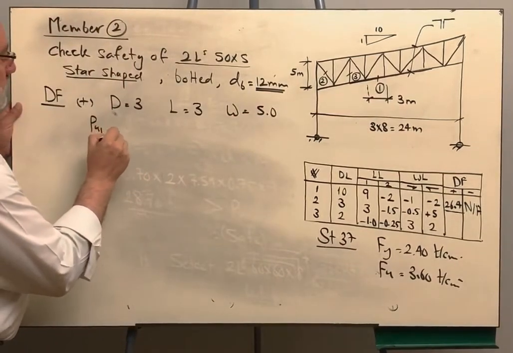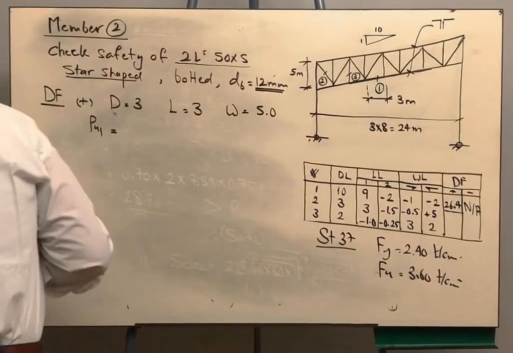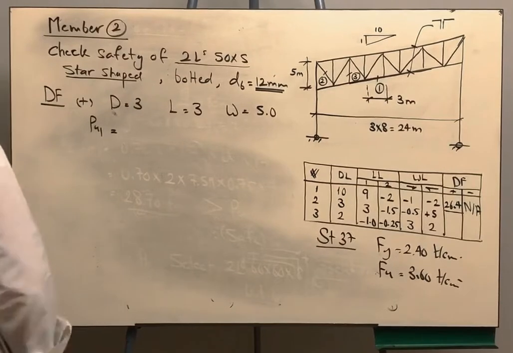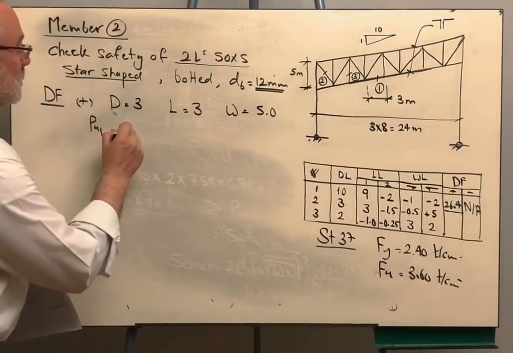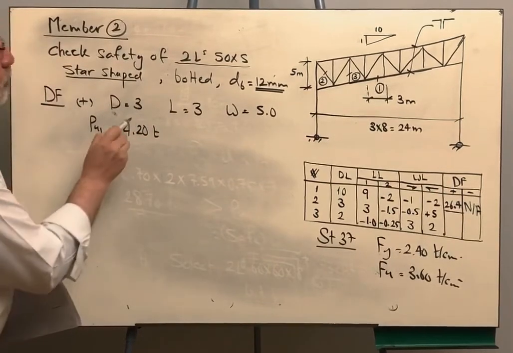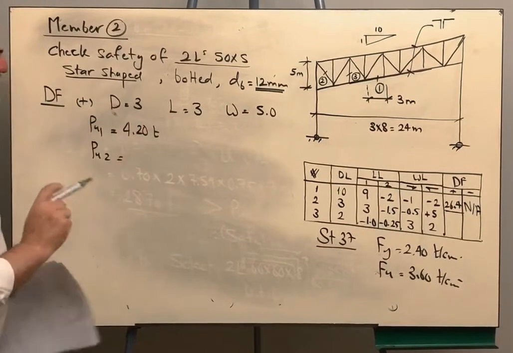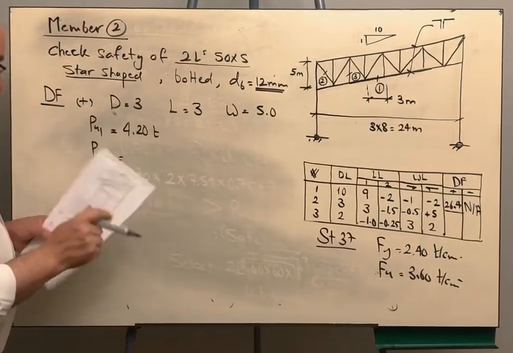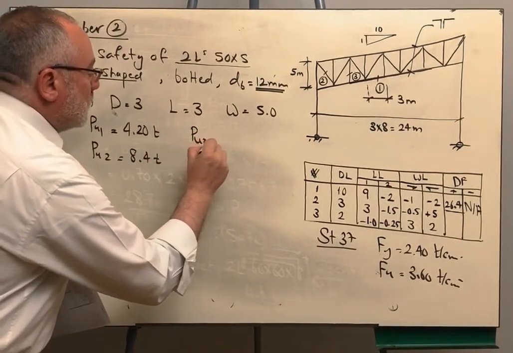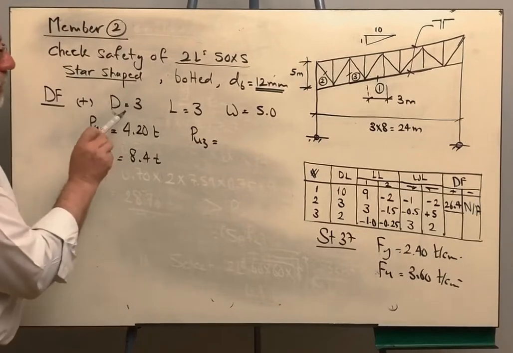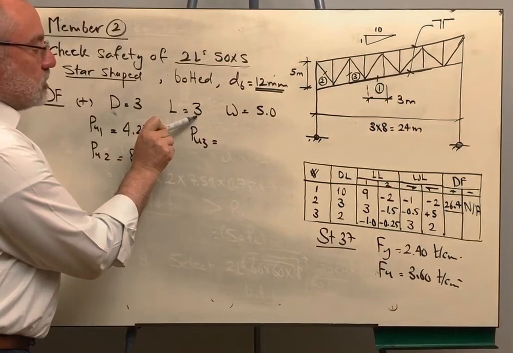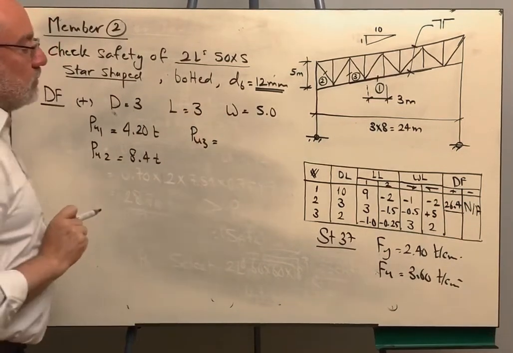So P ultimate 1, which is 1.4 the dead load, will be 4.2 tons. P ultimate 2, which is 1.2 dead plus 1.6 live, this will be 8.4 tons. For the third load combination, I will take 1.2 dead plus 0.5 multiplied by the live load, which is 3, plus 1.3 multiplied by the wind.